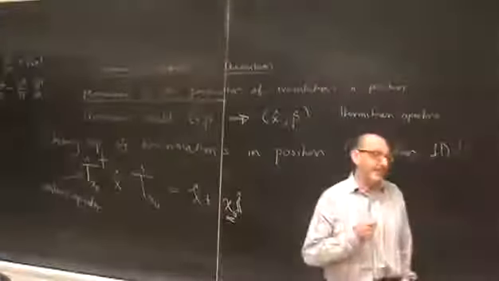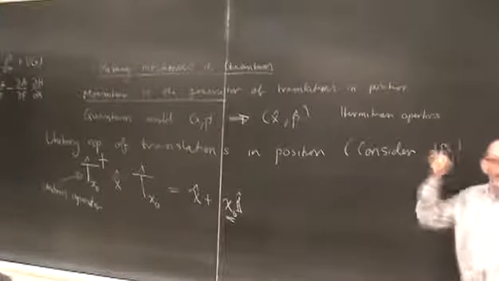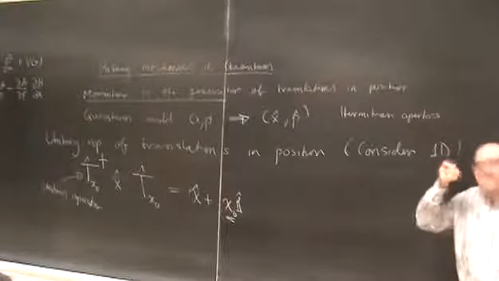The way we did that was to think about translations that are near identity, so just a differential translation. So a near identity transformation, if I translate by a little differential dx.